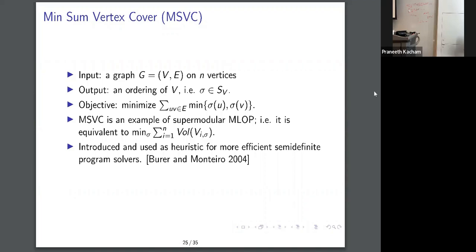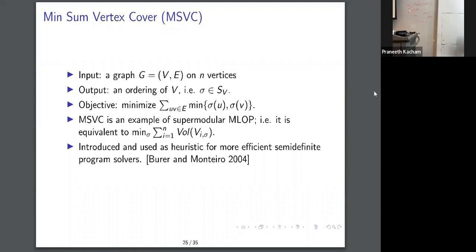So the cost due to this edge is the minimum of sigma of u and sigma of v if u and v are endpoints of that edge. And this is going to be summed over all edges. So this is the minimum sum vertex cover. That is the counterpart to vertex cover.